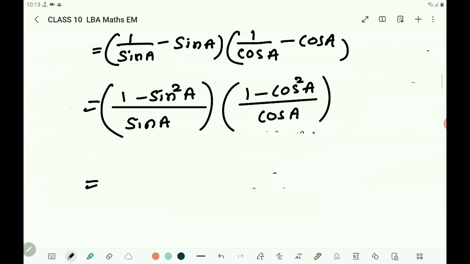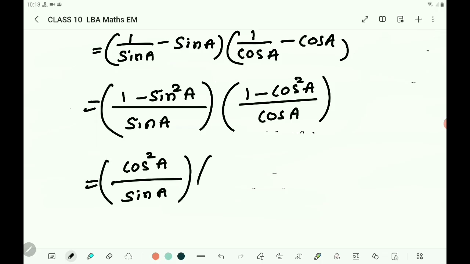Equals 1 minus sin square A is cos square A. Write this sin A as it is, into 1 minus cos square A is sin square A, and write cos A as it is.